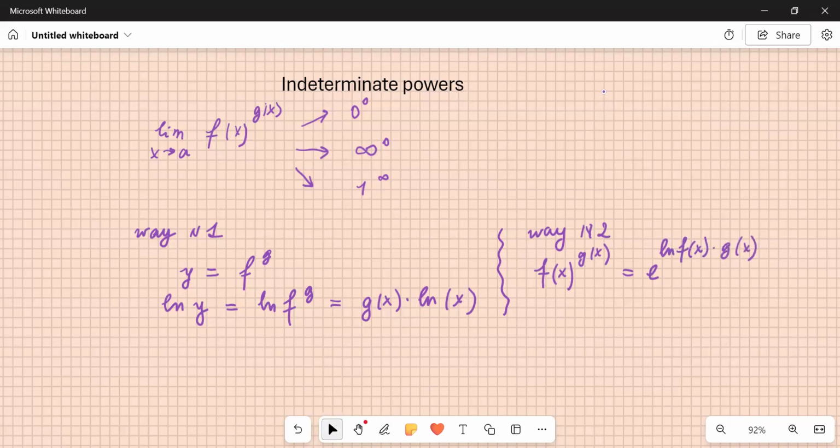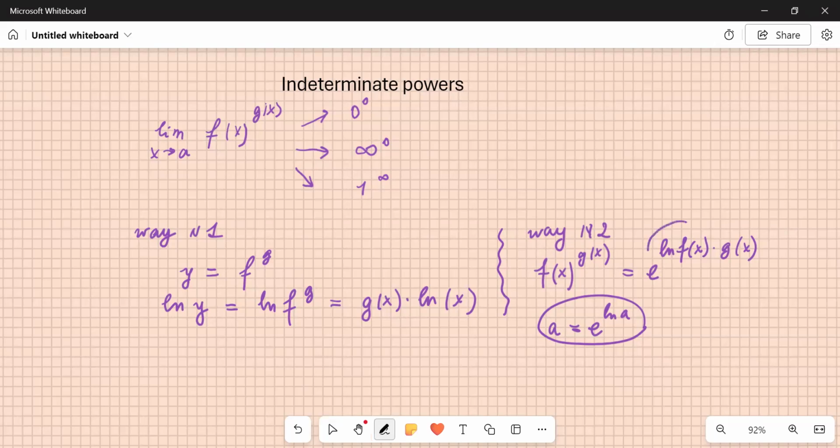What property am I using here? Remember that any number a can be represented as e to the power of ln of a. What allows us to do this? The cancellation rule. e and ln are inverse functions, so you cancel them. So I just use this: e and ln cancel, and we have f of x to the power of g of x.